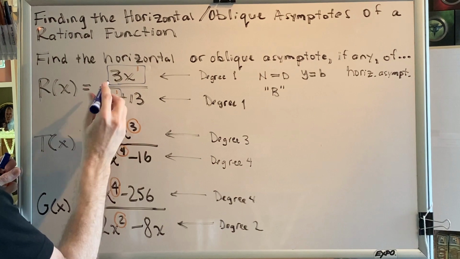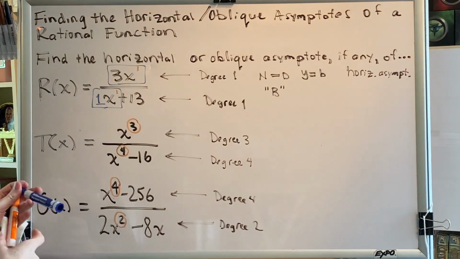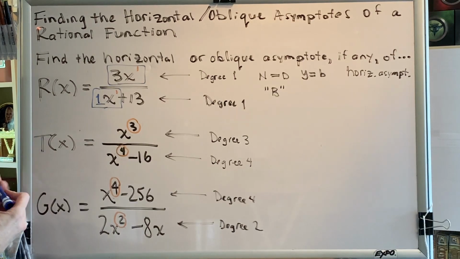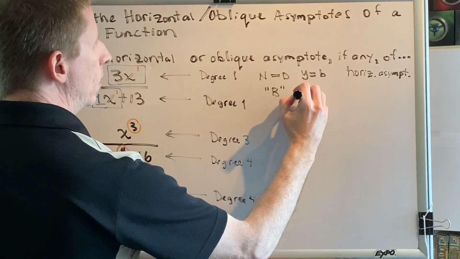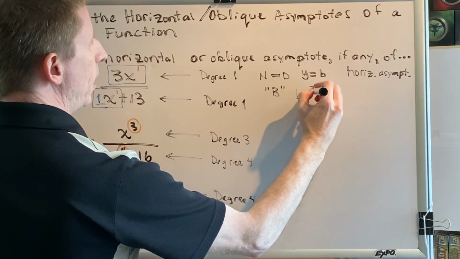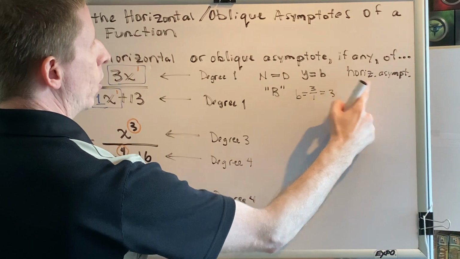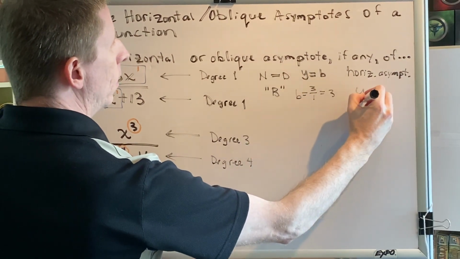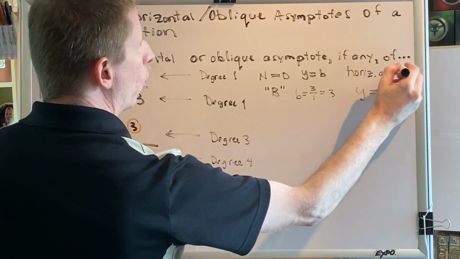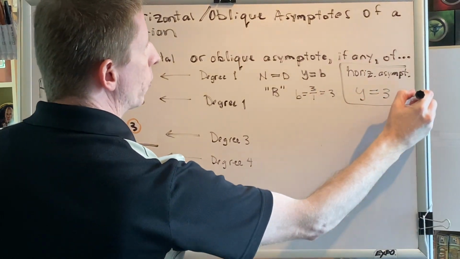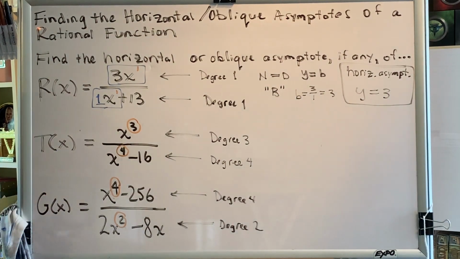This has a coefficient of 3. This has a hidden coefficient of 1. We need to divide them. 3 divided by 1 will tell me the value of b. So this b is equal to 3 divided by 1, which is 3. So the horizontal asymptote is y equals b, but we found that b is 3, so we get horizontal asymptote y equals 3.